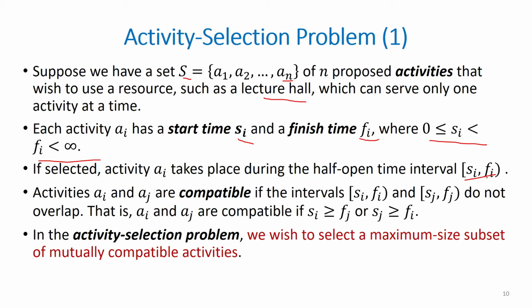We say two activities A_i and A_j are compatible if and only if their intervals do not overlap. Or in other words, if s_i is greater than or equal to f_j, or s_j is greater than or equal to f_i. Therefore, we want to maximize the number of compatible activities that can be scheduled to use the common resource.